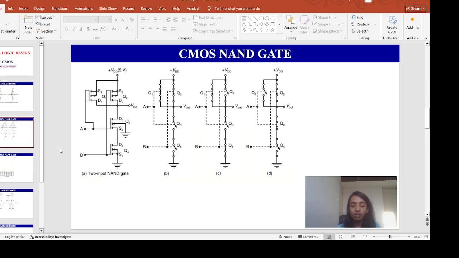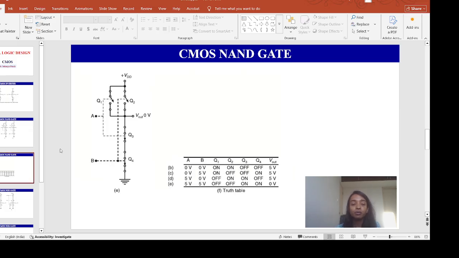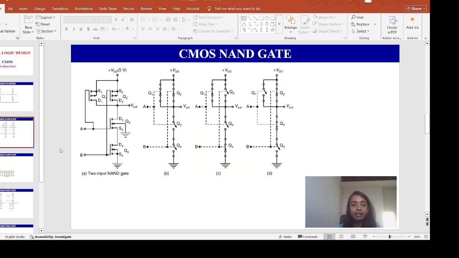Now let's look into the next condition. In the next condition, if I apply A plus 5 volt and B also plus 5 volt, what will happen? At that condition, VGS1 and VGS2 both will be 0 volt, while VGS3 and VGS4 both will be plus 5 volt. Okay.